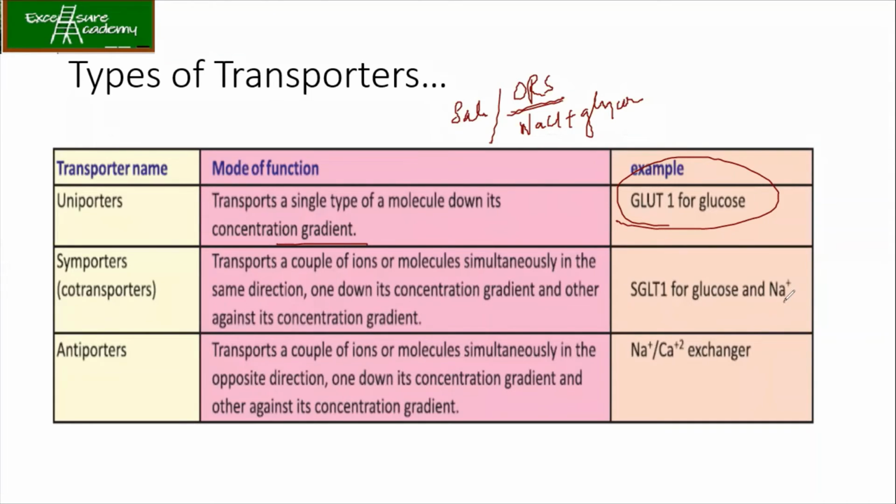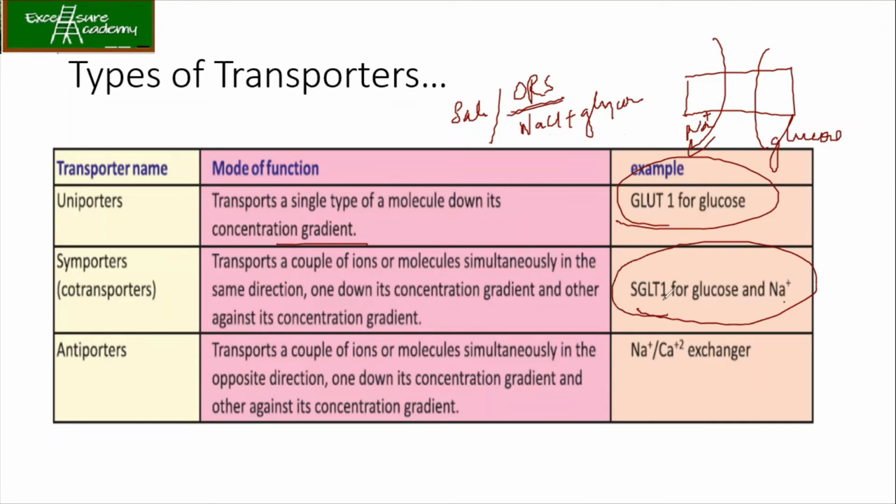Along with the Na plus, the glucose will be taken inside. For example, SGLT1 is the transporter name. तो यहाँ पे Na plus भी साथ में जाना चाहिए and आपका glucose भी साथ में जाना चाहिए. So this is the reason why when someone faints or having low glucose level in their body, we always give Na plus, NaCl also. Okay, so this is the reason why the glucose and the Na plus NaCl is given together, because it increases the absorption of glucose in the body. Clear?